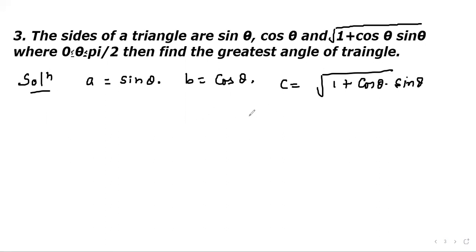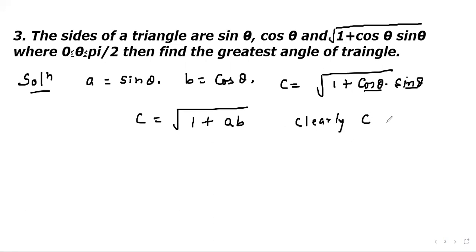Now, we put the value of cos θ sin θ from here. So c equal to root of 1 + ab. Clearly, c will be greater than a and b.